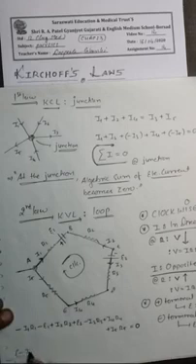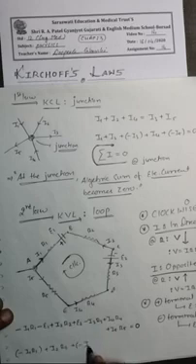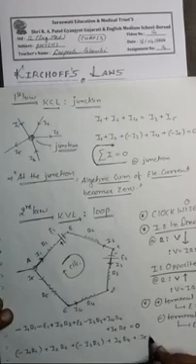Minus I1 R1 plus I2 R2 minus I3 R3 plus I4 R4 plus I5 R5 is equal to what?